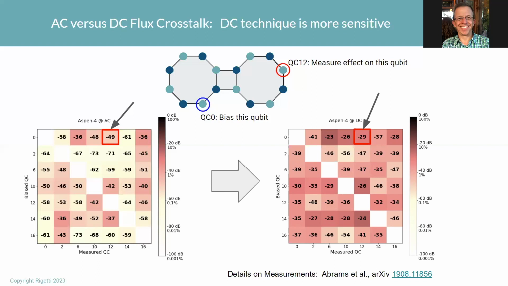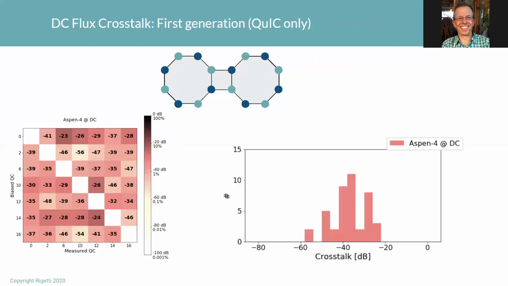So focusing on that, let's take a look at how we're doing. If I represent that crosstalk matrix as a distribution centered around roughly minus 40 dB, for this first generation device, this does not have a cap on it. It's just the QPU, just our circuit chip.